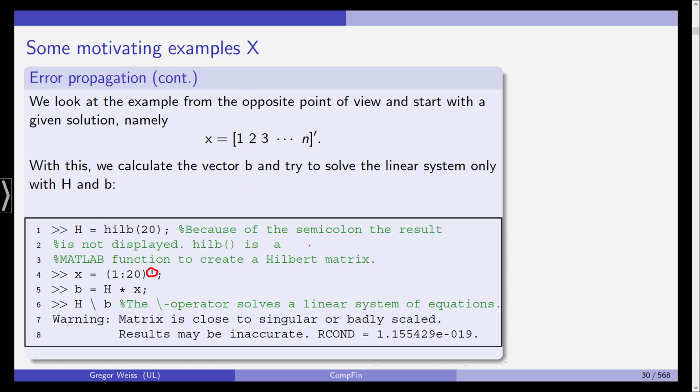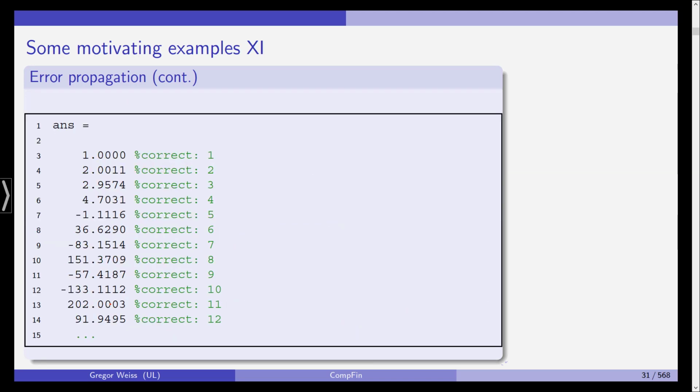And then let's take the backslash operator in Matlab, because if you write H backslash b, this is the function in Matlab that solves a linear system of equations. Okay, so what is the result?